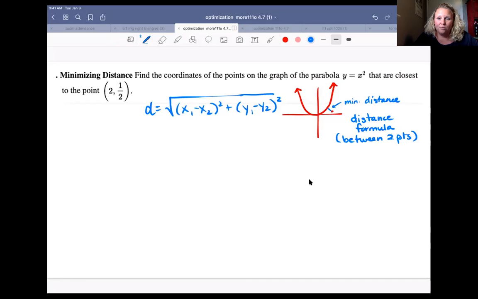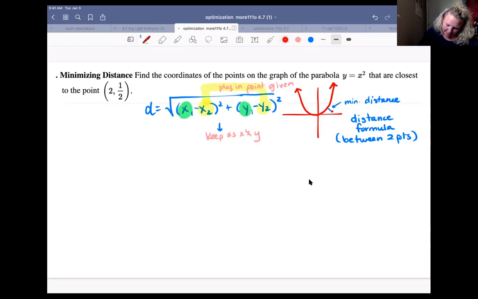Okay, so the way we're going to do it is we're going to keep this x and this y as x's and y's. And then for these two, you're going to plug in the point that you've been given.